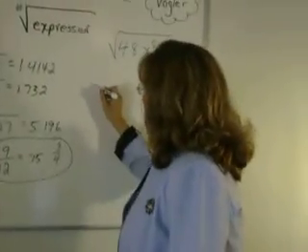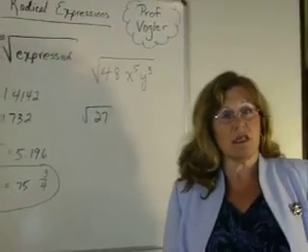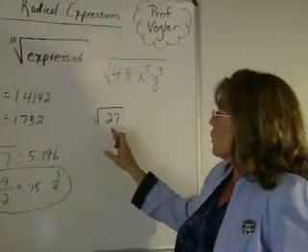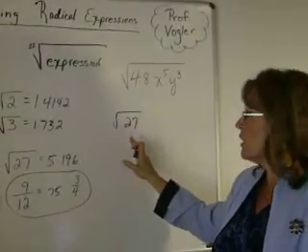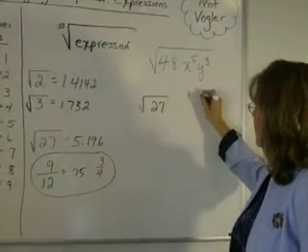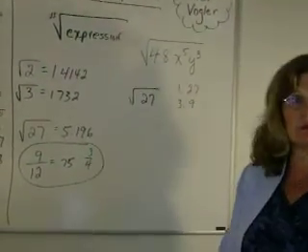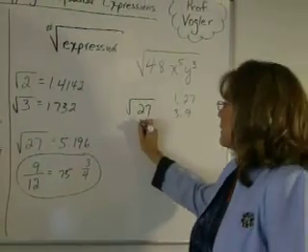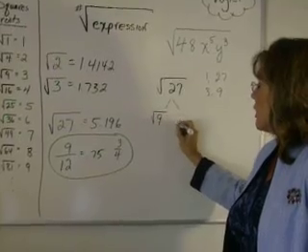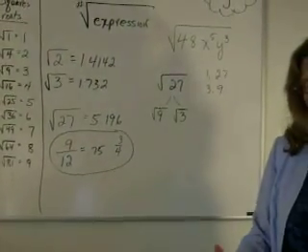Now, our simplified form for the square root of 27 goes back to those perfect squares. And if we take a look at the square root of 27, we want to look first at the factors of 27. 1 and 27, 3 and 9. Well, to simplify this, we can rewrite the square root of 27 as the square root of 9 times the square root of 3 by taking the square root of the factors.